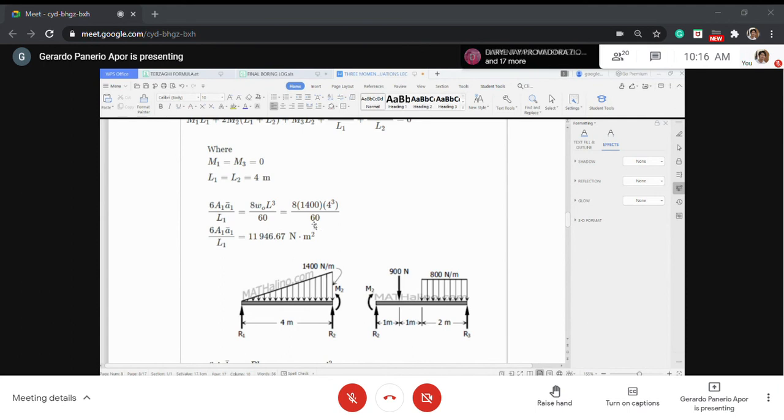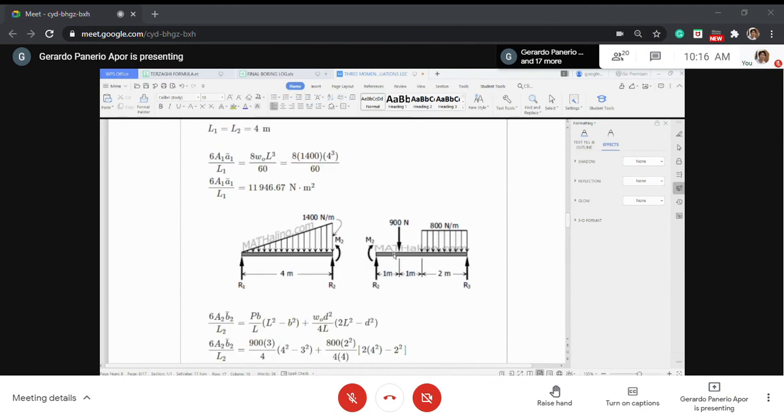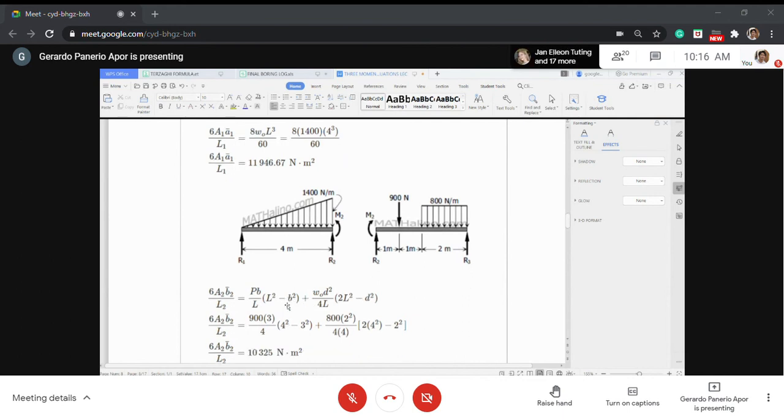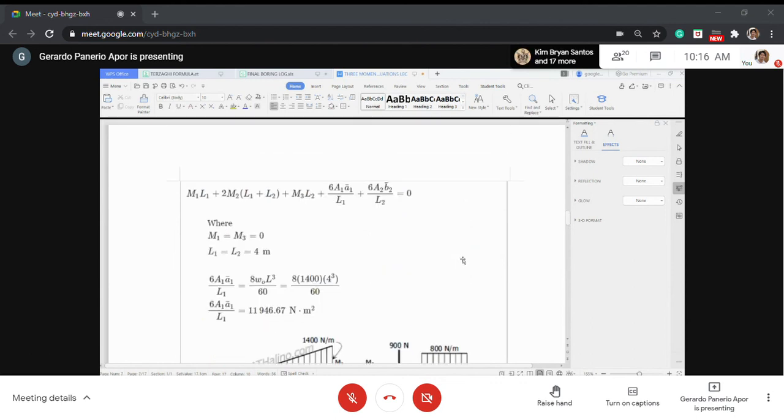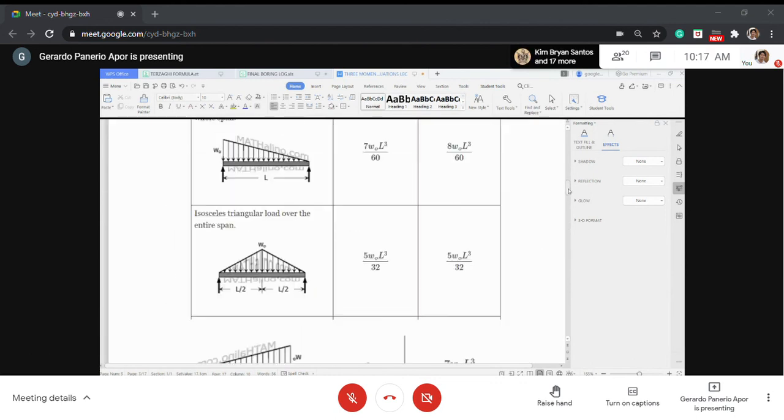Sakto na. This is 11,946.67. For the second figure, actually, the 6E2B2 comprises two terms. The first term is due to the concentrated load, and this one for the partially loaded. I think they are here.